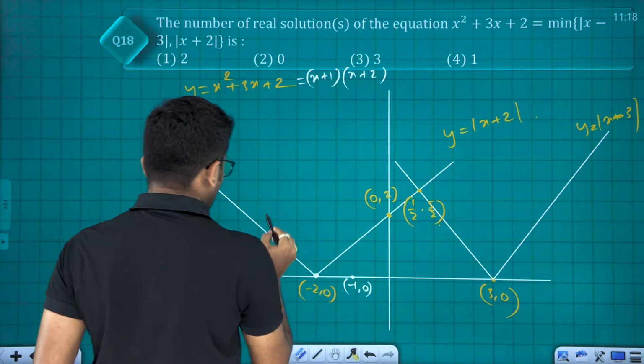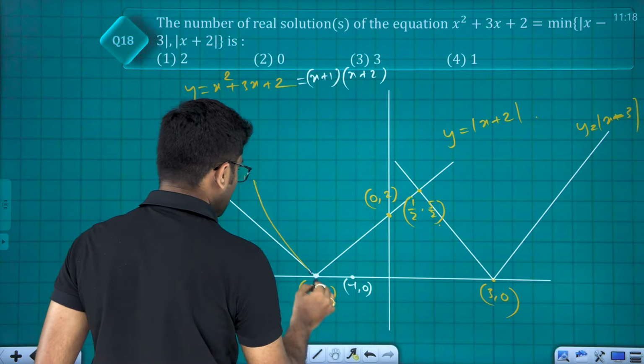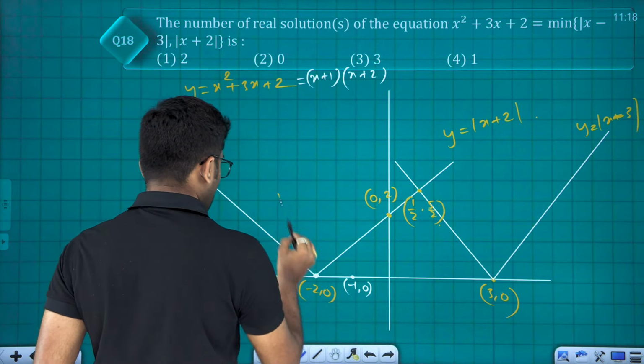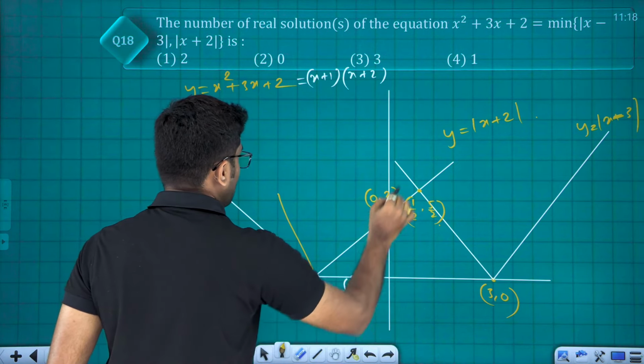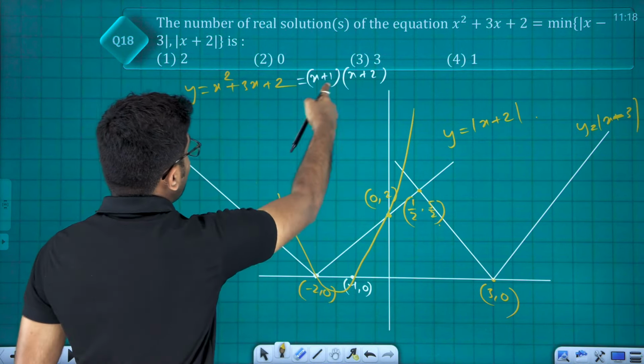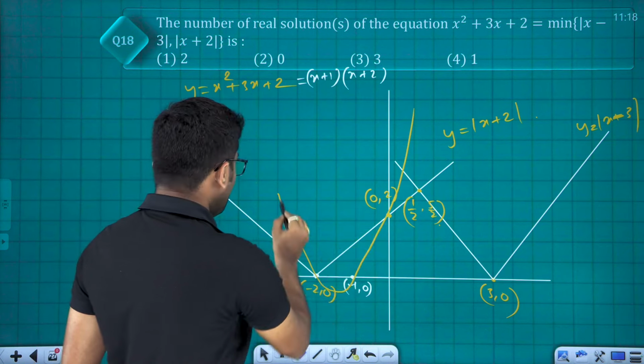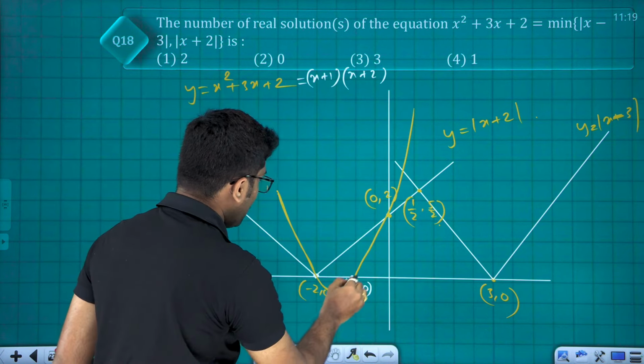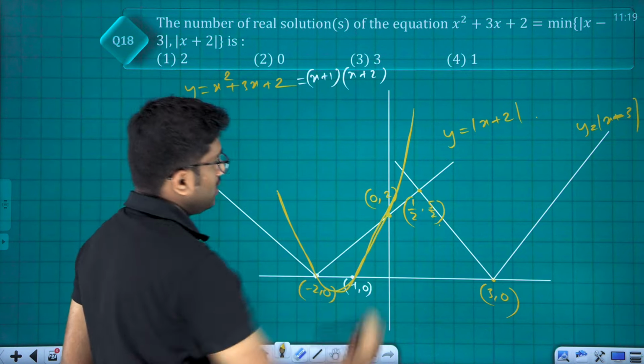So the graph of that will be like this, because if x is 0, y will be 2. So even this quadratic graph will also be intersecting this function.